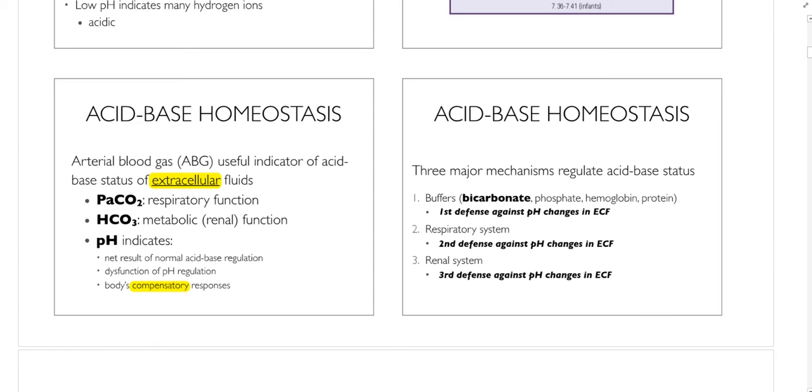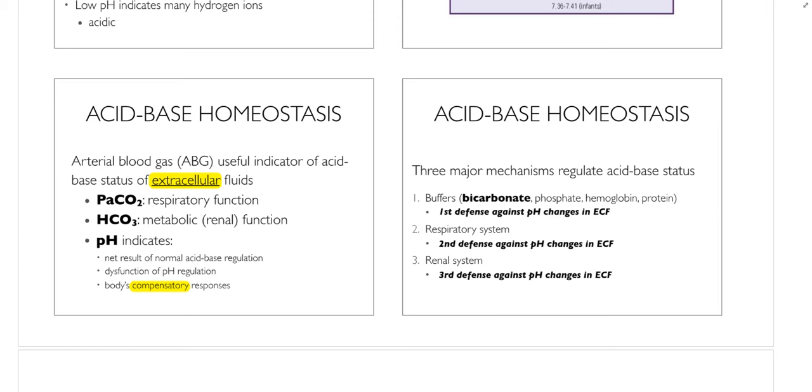We're going to use all three of those together to determine, is this patient experiencing acidemia or alkalemia. Acidemia and alkalemia are the current state of a pathophysiologic imbalance in pH, whereas acidosis and alkalosis are the actual process of something.